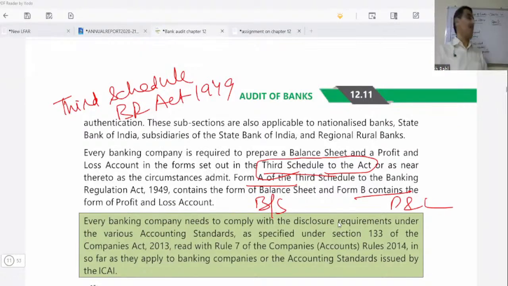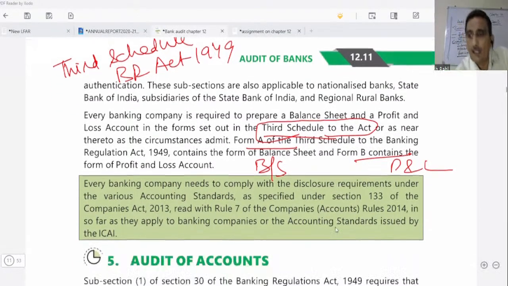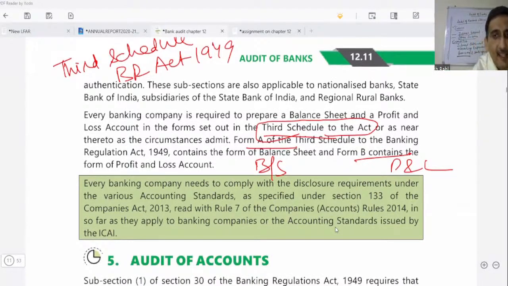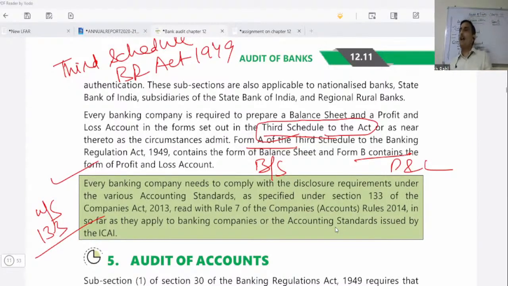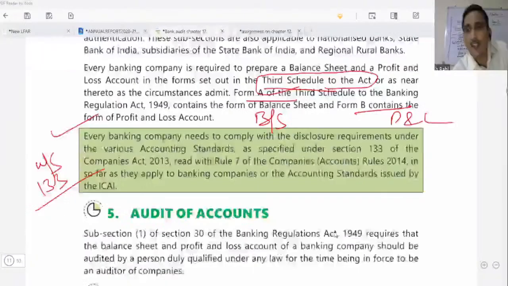Every banking company has to comply with disclosure requirements under various accounting standards as required under Section 133 of the Companies Act, or as these are applicable to banking companies as prescribed by ICAI.